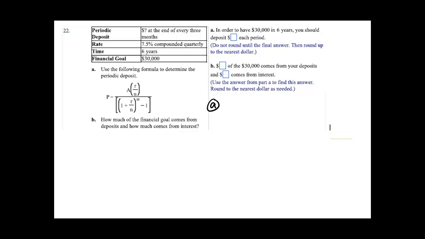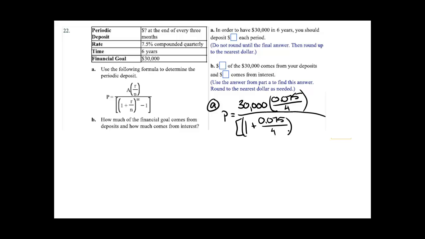So for part A, A is our accumulated value, so $30,000, over R over N, so 0.075 over quarterly, which means 4 times per year, and then all of that is over 1 plus the rate 0.075 over n, which is still 4, to the power of 4 times t.